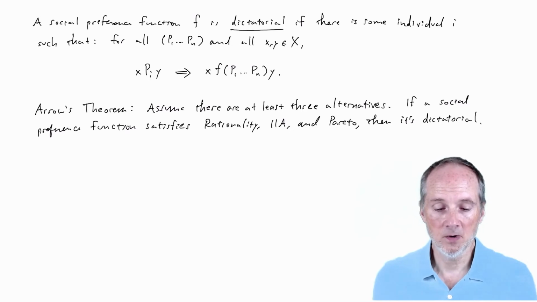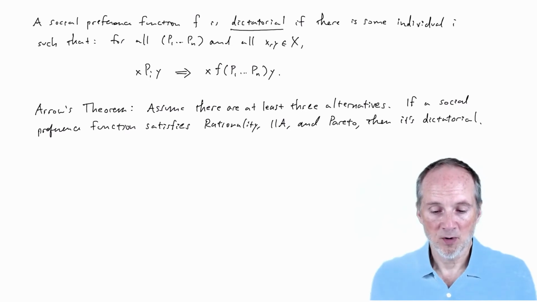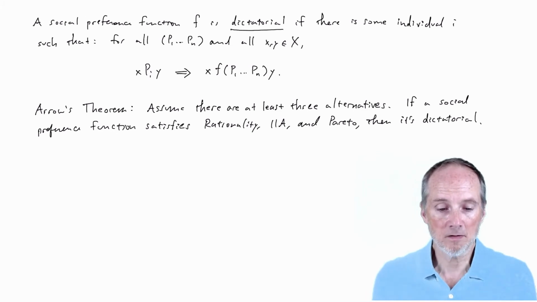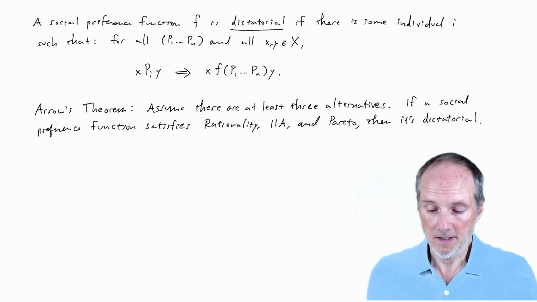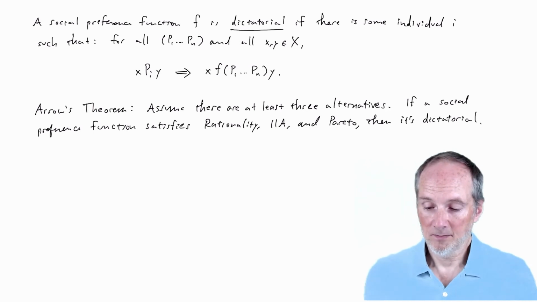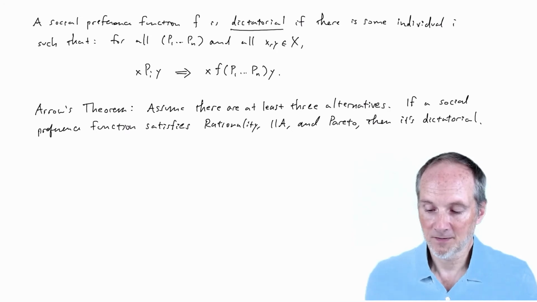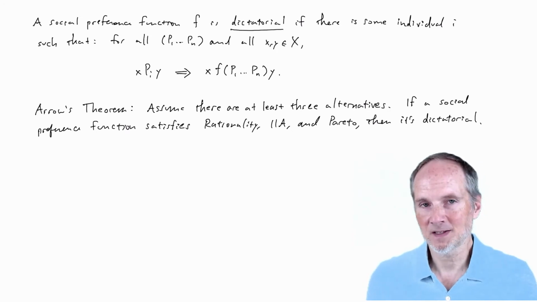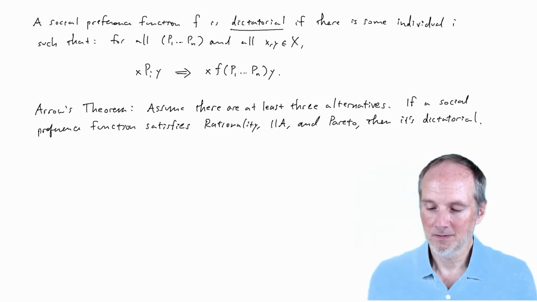But I'm going to use a proof of Arrow that is, I think, less involved or complicated than a lot of proofs I've seen. So let's just jump into the proof. This will be heavy lifting. So if it's the first time you've seen it, you should probably expect to be confused, and then look at it again a couple times, and everything should start to fall into place.